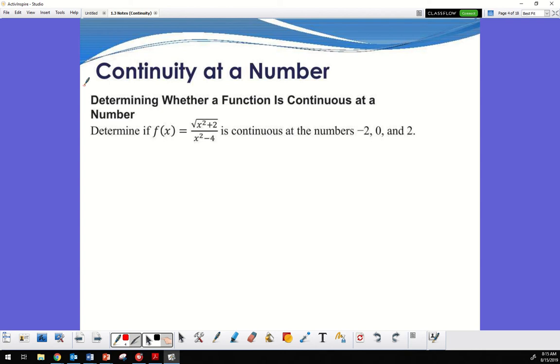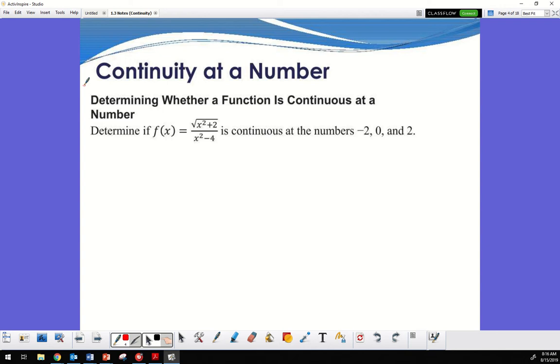Cosecant, secant, tangent, cotangent. Okay, tangent is irregular, but the reciprocal ones are also undefined at points. So there's all kinds of points in which those functions are discontinuous.